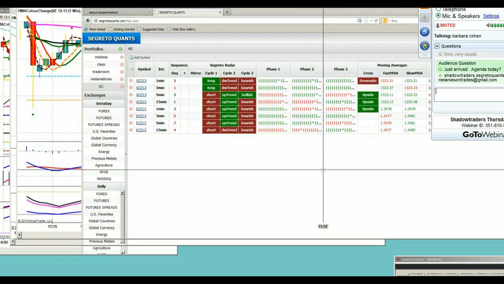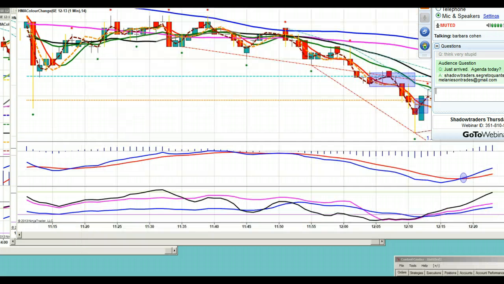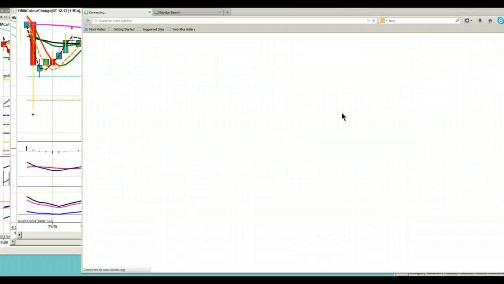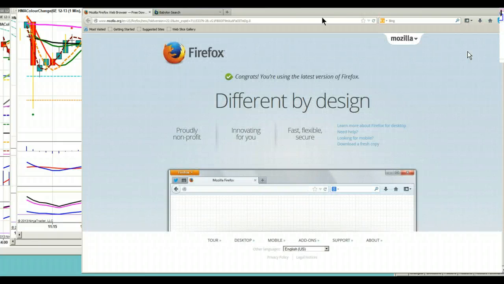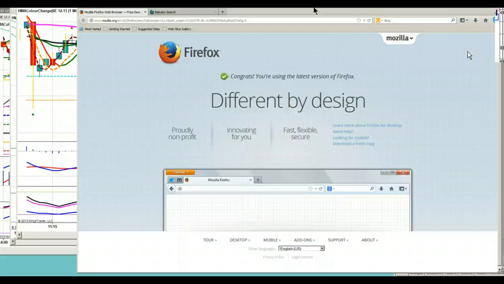Also, for those who are new, make sure you download Firefox. There should be a Segredo tech support. If you want support for Segredo, you have to send the Segredo tech support an email. I can't really give you support for Segredo, and nobody else can. They have their own support kit here. See where the support tab is?